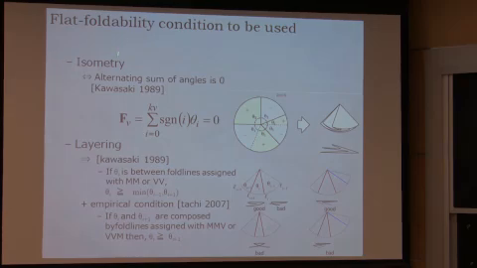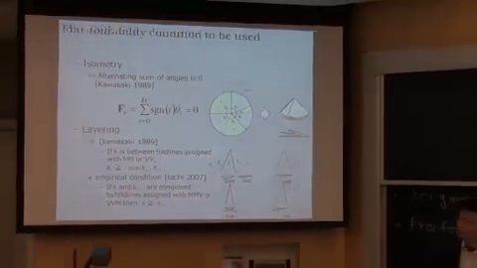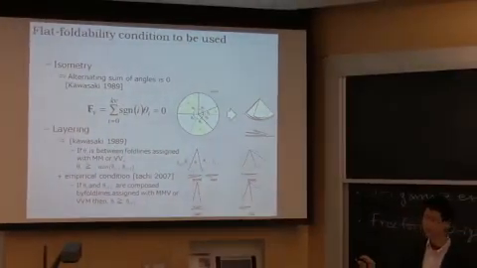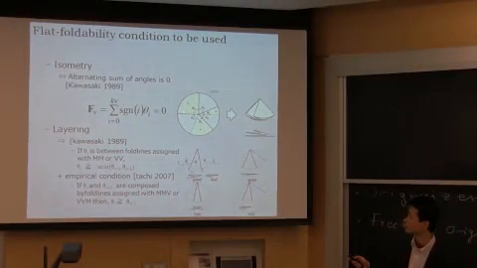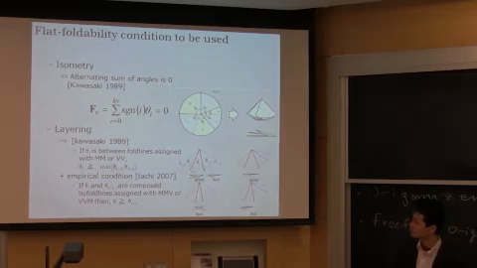The first one is isometry, which can be similarly represented by an angle condition called the Kawasaki theorem, so that the alternating sum of angles at each vertex is 0.